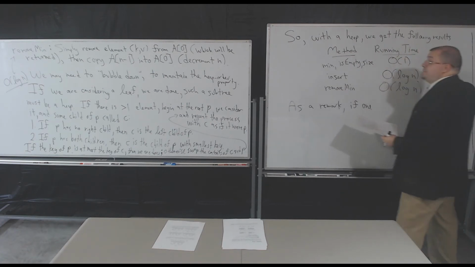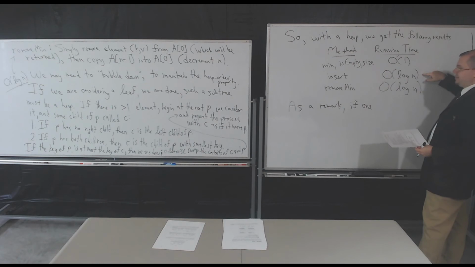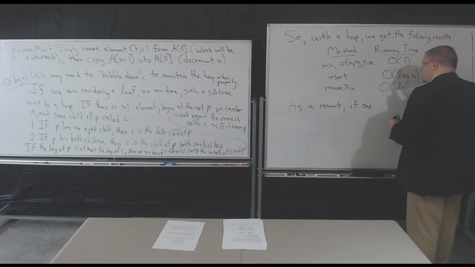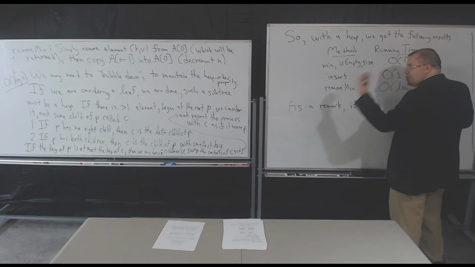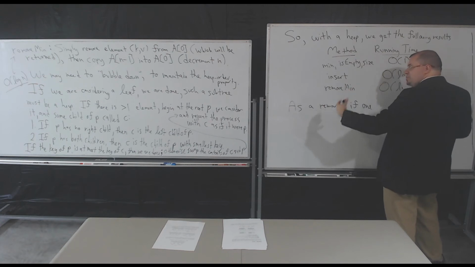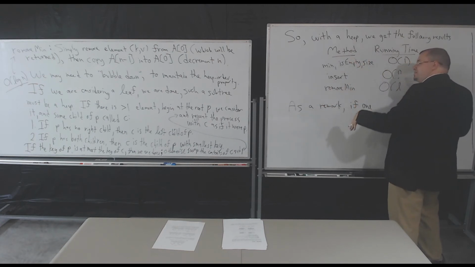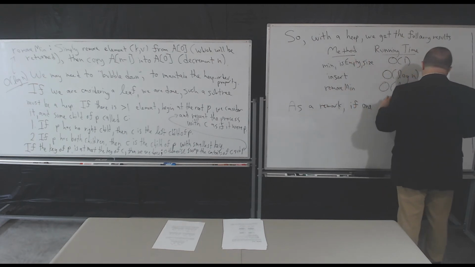However, you just need to keep that in mind. If you're doing insertions, you might need to resize the array. If you do removals, you might need to shrink the array. But that's more of an implementation-specific issue. However, we're making the assumption we already know how big the heap should be.